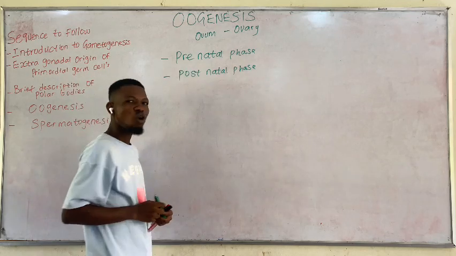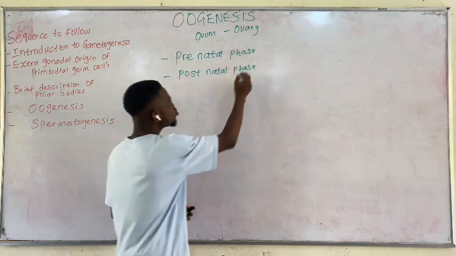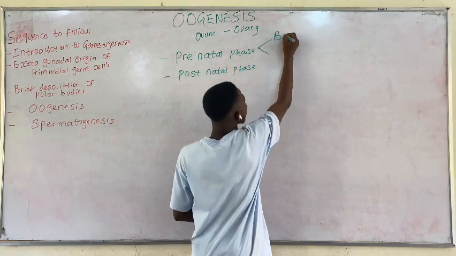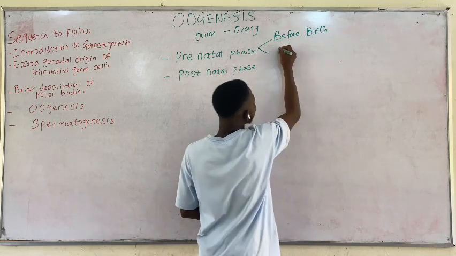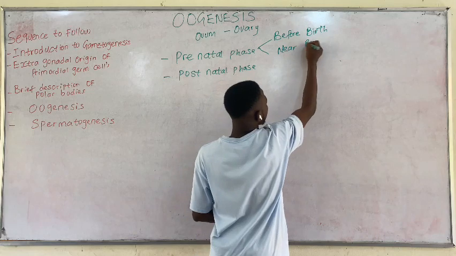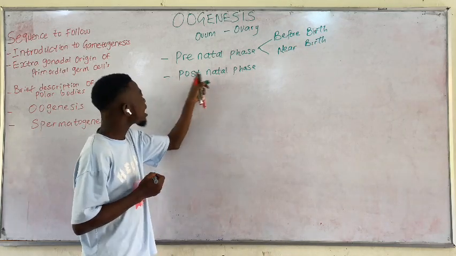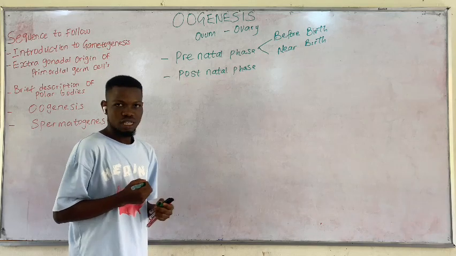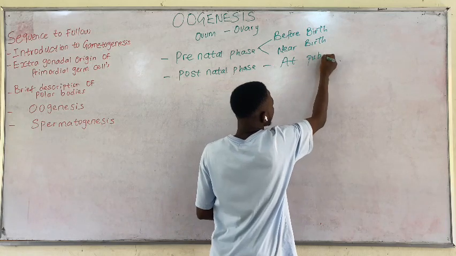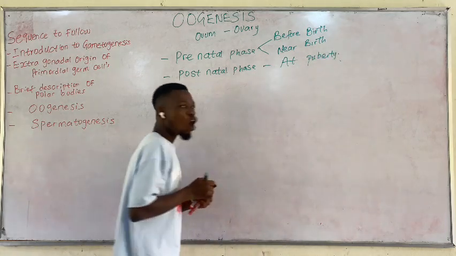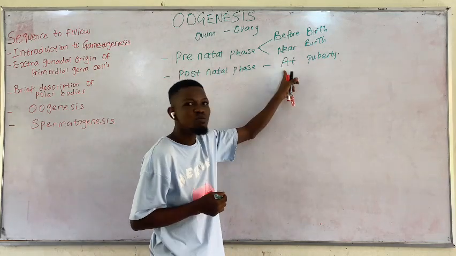The prenatal phase is divided into two: before birth and near birth. And the postnatal phase is after birth, at puberty. Under the process of oogenesis, I'll be laying emphasis on this process.